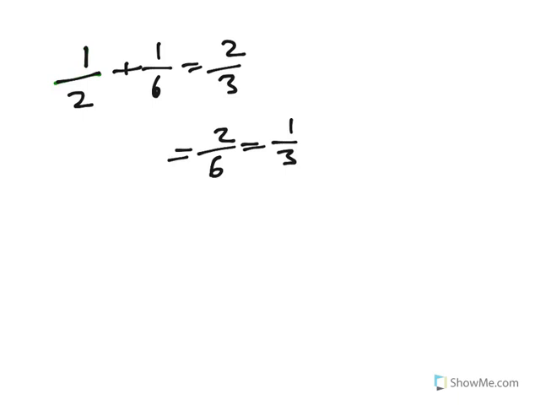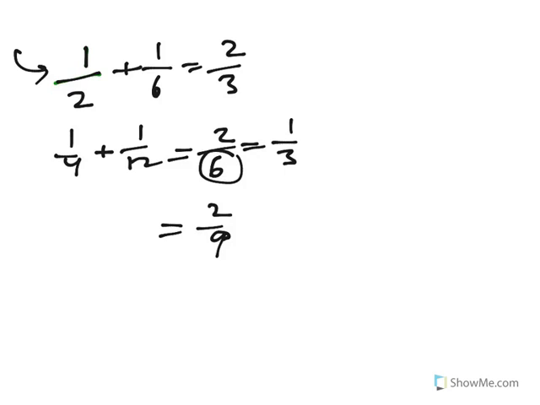But if I wanted to, I could take half of each of these fractions, 1/4 plus 1/12. Now, even denominators aren't really needed, but for 2/9, I could take the 1/2, 1/6, and take 1/3 of each of those, 1/6 plus 1/18.